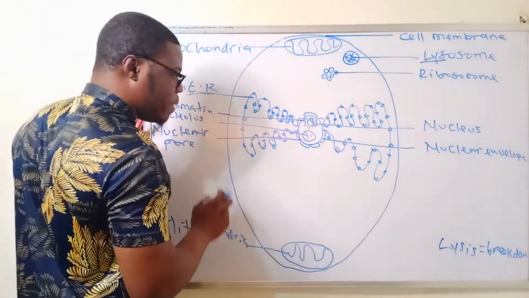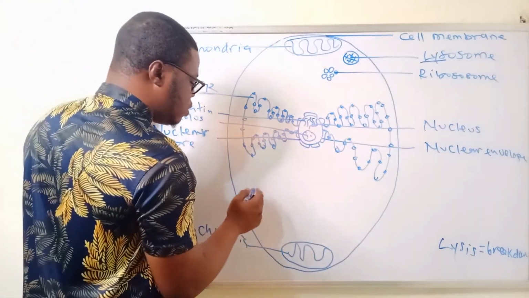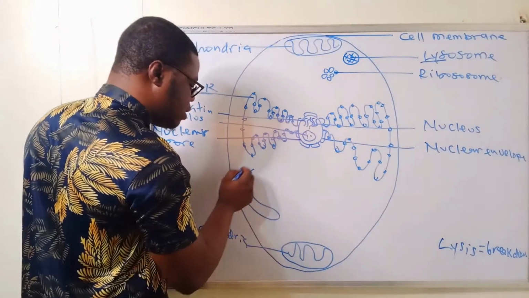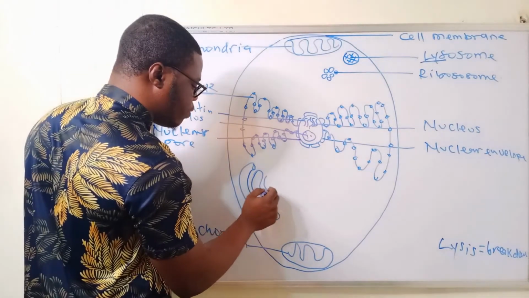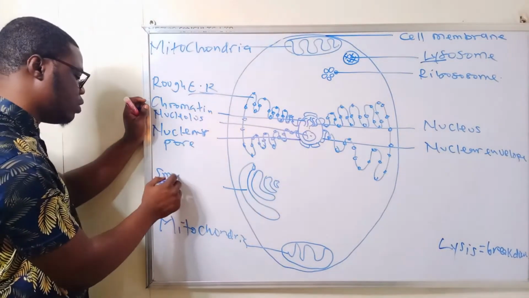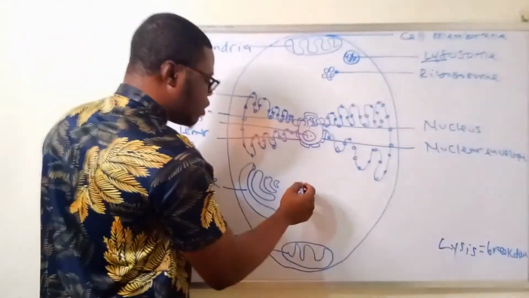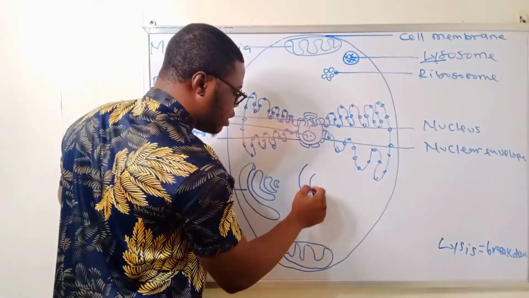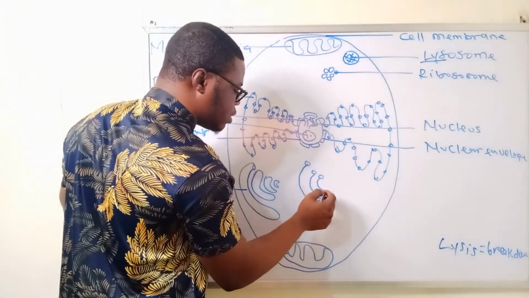Apart from that, we have the smooth endoplasmic reticulum. So you can bring them here. You can use your plantain shape. So the smooth endoplasmic reticulum. And after that, you have the Golgi apparatus. You can use your curved C or your L, so both are correct.